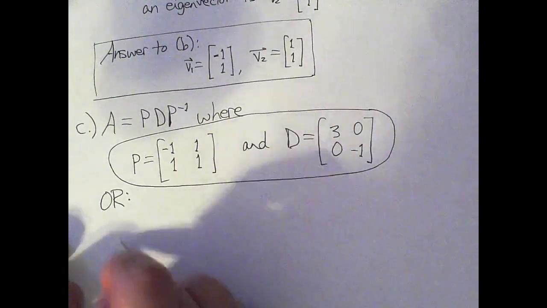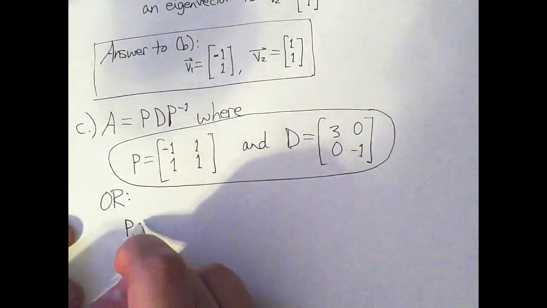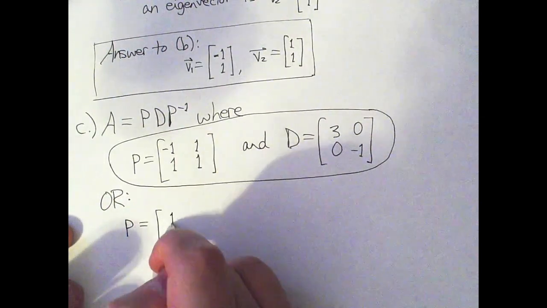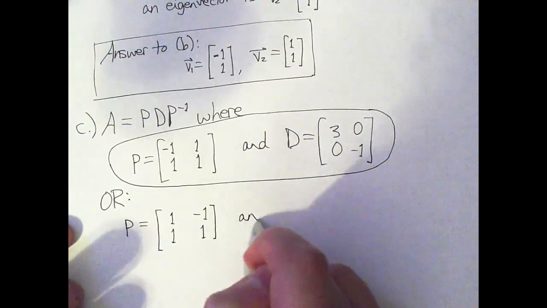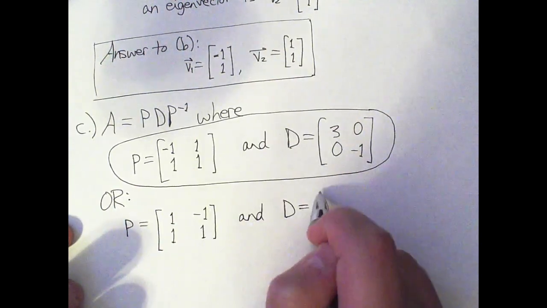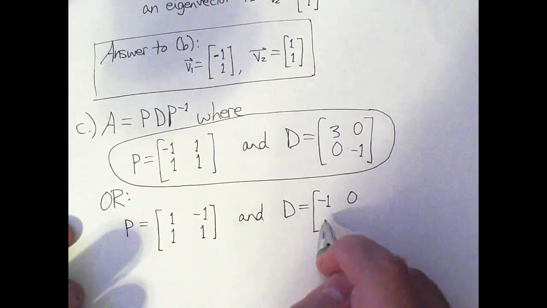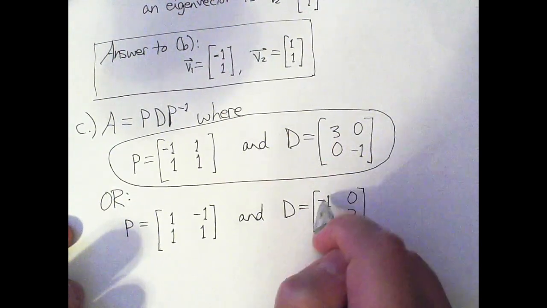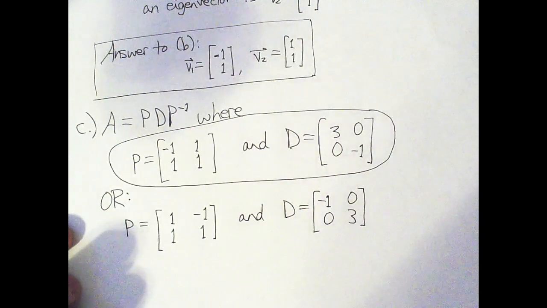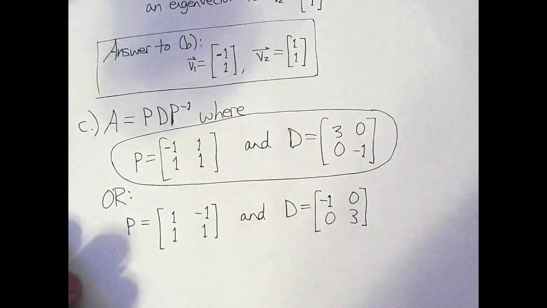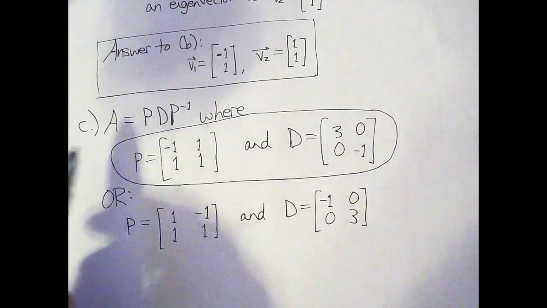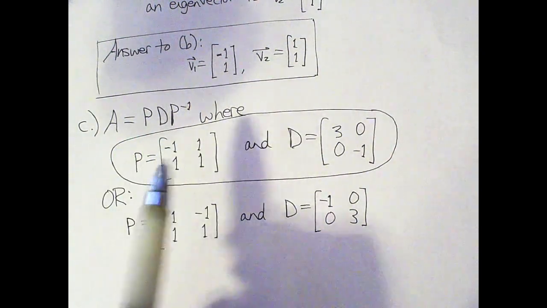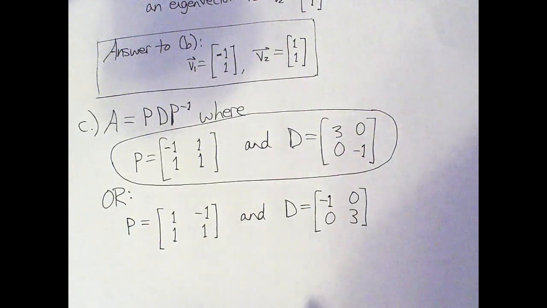You don't have to write two different answers because either one of them is correct, but I just want to write this one time. If you flipped the order of the eigenvalues, then you flip the order of the eigenvectors. See what I mean? And you could actually verify that that does work, A equals P D P inverse. I didn't actually go through the trouble of finding P inverse because the problem didn't really ask me to.